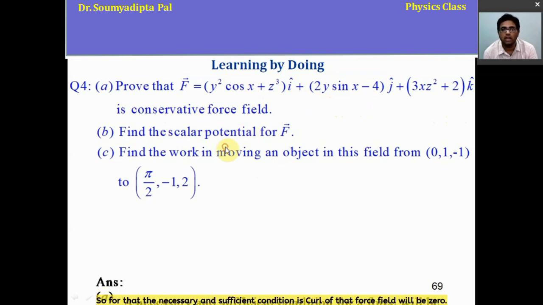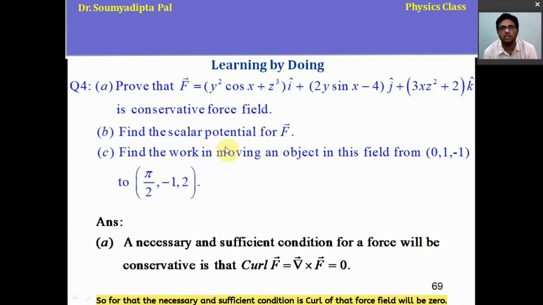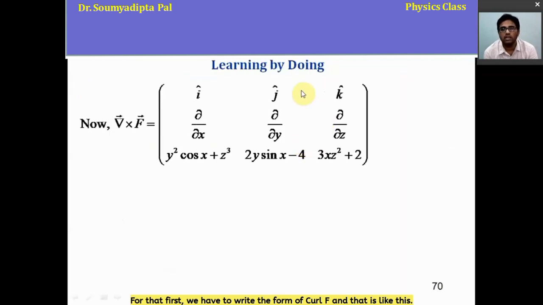So for that the necessary and sufficient condition is that the curl of the force field will be 0. So let's verify whether the force field is conservative or not. For that first we have to write the form of curl F, and that is like this. So it is similar to vector A cross B, and instead of a vector here we have the del operator, right?